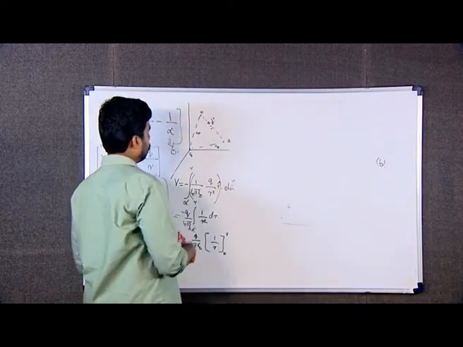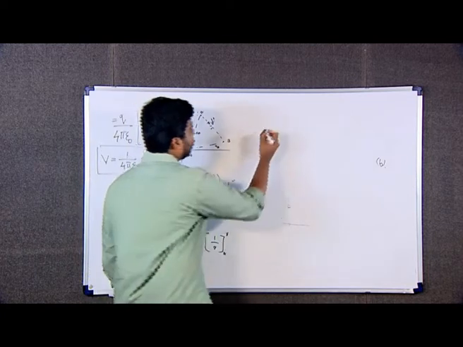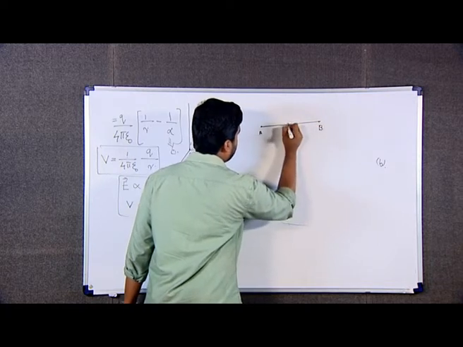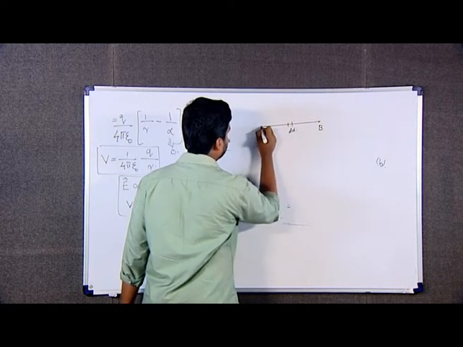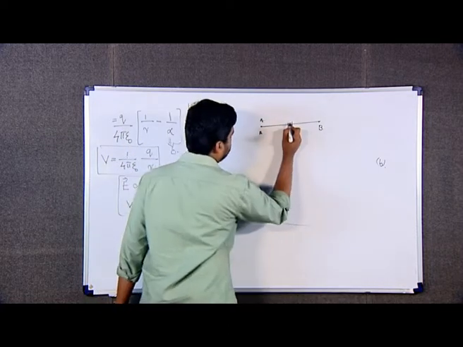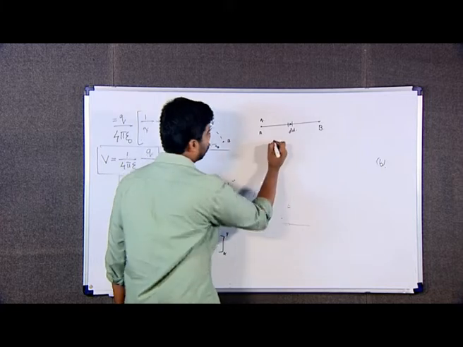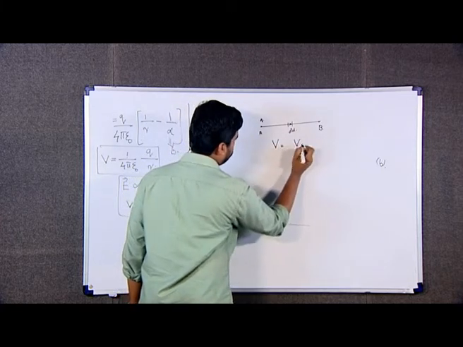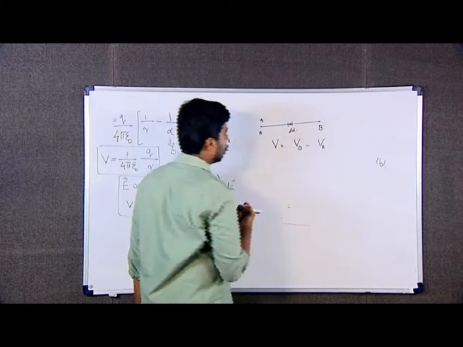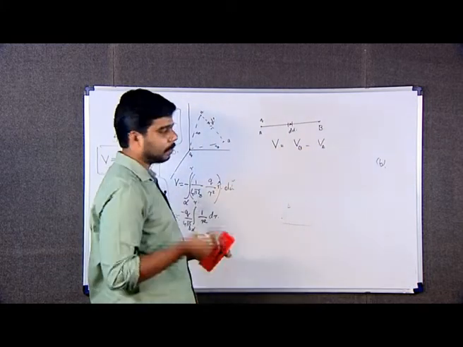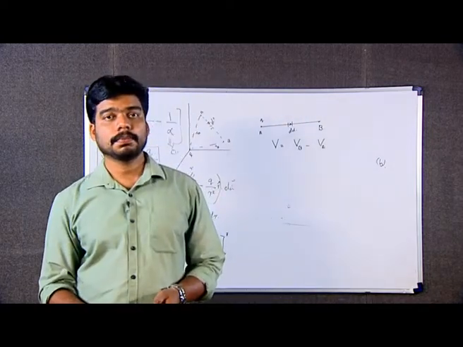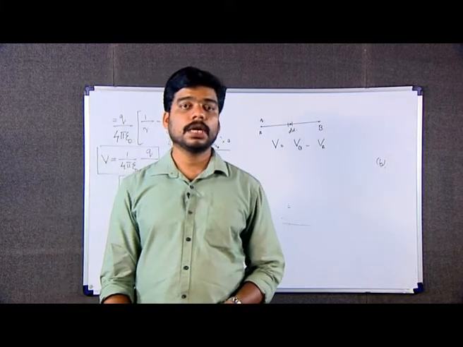In this diagram you have 2 points A and B, and you are moving the unit positive charge along this line with a displacement dl. Then the potential difference is equal to the potential at point B minus point A, with the sign depending upon which one is the higher potential and which one is the lower potential. So, this is the potential difference.